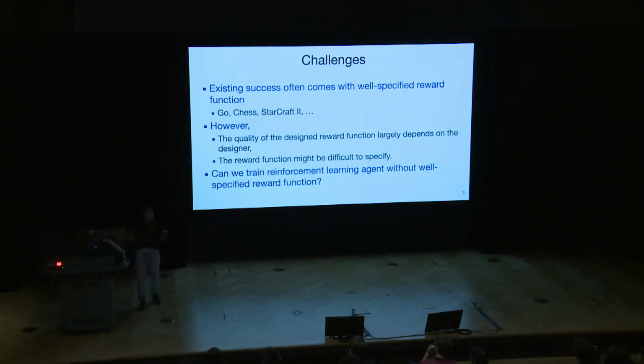If there are no such reward signals, how could we train an agent to play this game well? Our answer to this question is learning from humans. So learning from human feedback, and I will get into that point later.